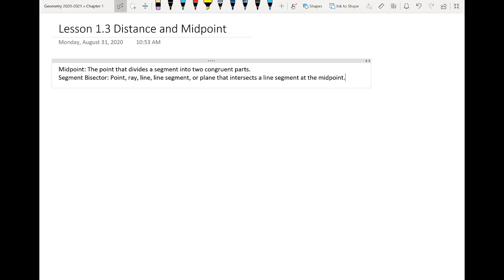Gentlemen, effectively, it's also going to create two congruent parts as well. Okay, so don't overcomplicate this thing.